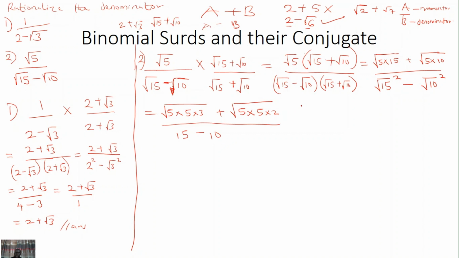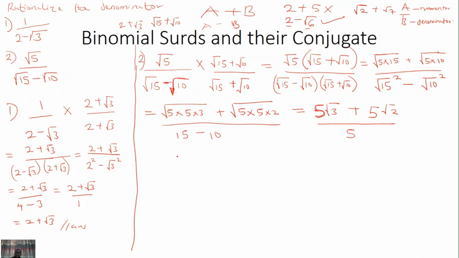And this will be equal to 5 times root 3, since the square root of 5 times 5 is 5, plus 5 root 2, all over 15 minus 10. That is equal to 5.